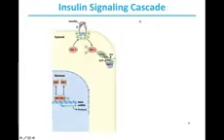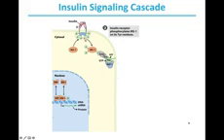The insulin signaling cascade is further amplified when IRS1, or insulin receptor substrate 1 protein, gets phosphorylated by the receptor tyrosine kinase. As you can see, once the receptor tyrosine kinase gets autophosphorylated, it is completely active and it can bind a substrate and phosphorylate it.